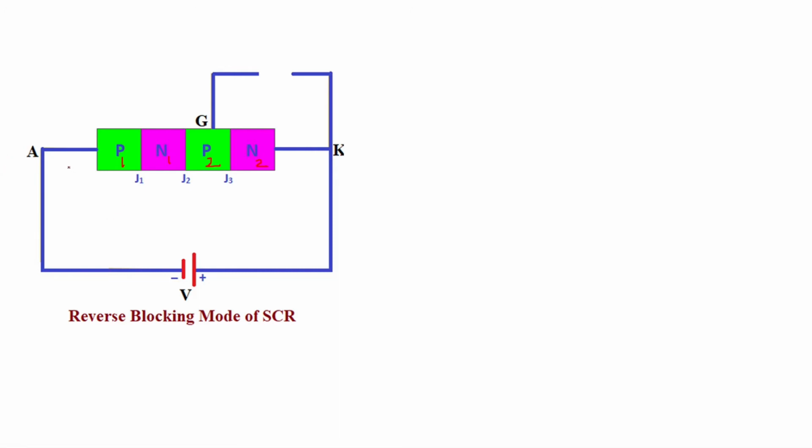The gate we have kept open, so we don't need the gate at this stage to show the reverse blocking state. Now here the graph should be shown in the third quadrant.